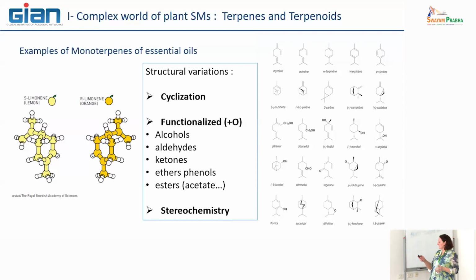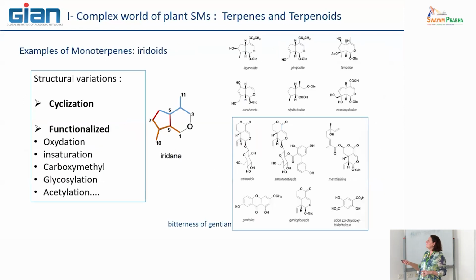This is also the same for other monoterpenes. I speak here about iridoids. Iridoids have this type of very simple structure, but you can add so many different things that lead to very complex terpenes. These are often combined with other types of secondary metabolites in order to produce alkaloids.